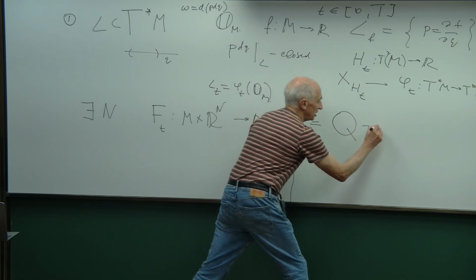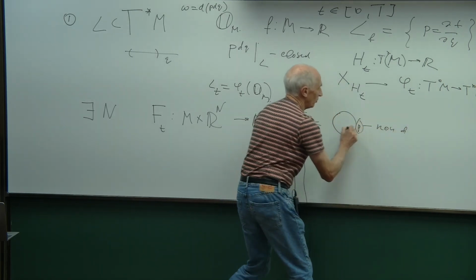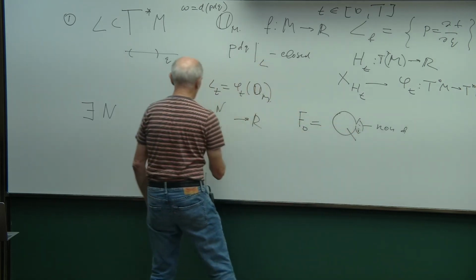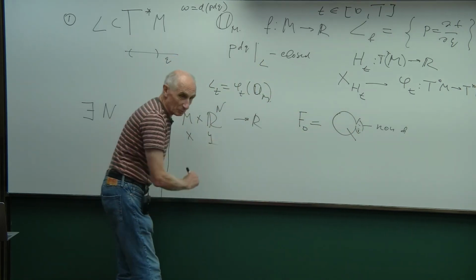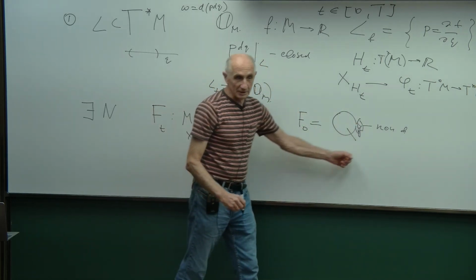It's a non-degenerate quadratic form. Let's call the coordinate x here and y here, so it's Q of y, a non-degenerate quadratic form.